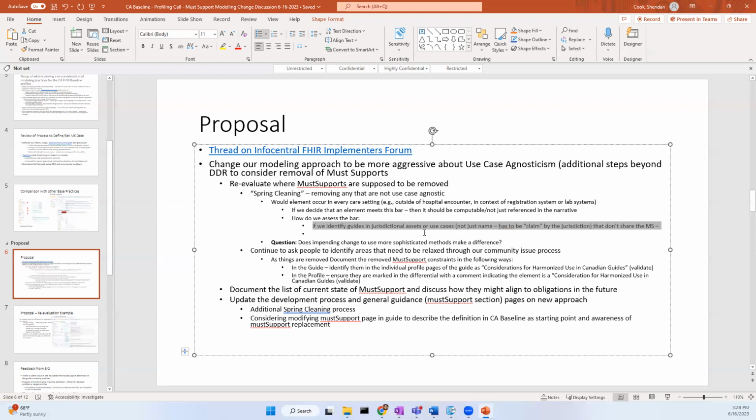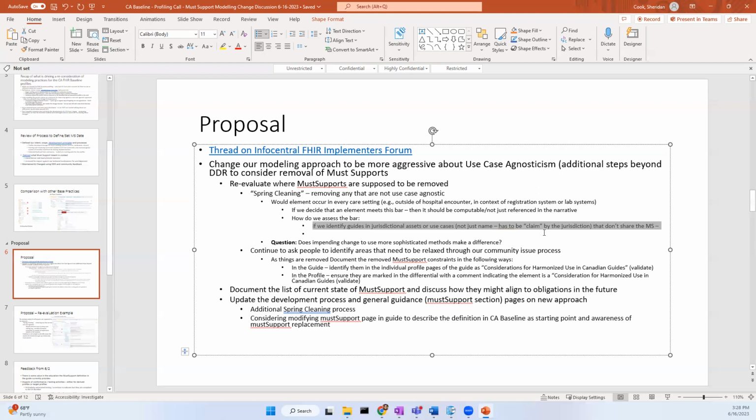Maybe another way of phrasing this is that oftentimes when we see jurisdictions publishing standards in their cycles, it's around things like their provider registries, their immunization registries, things that are centralized, which creates a cone of use cases that are very common, but doesn't necessarily say this alone would make us use case agnostic.